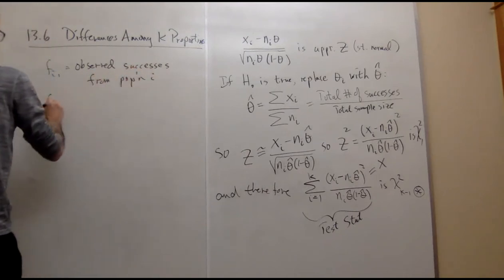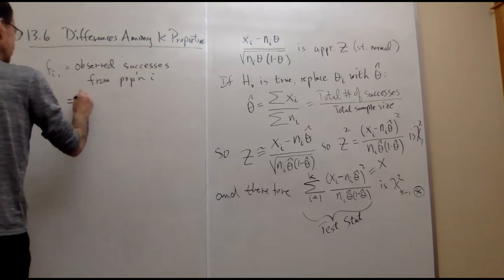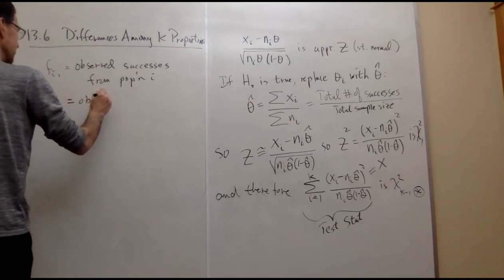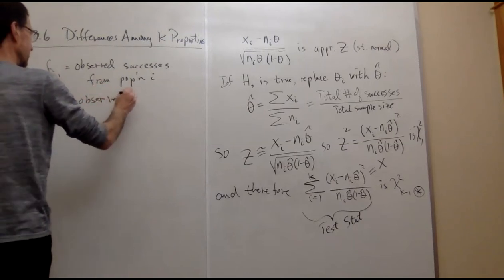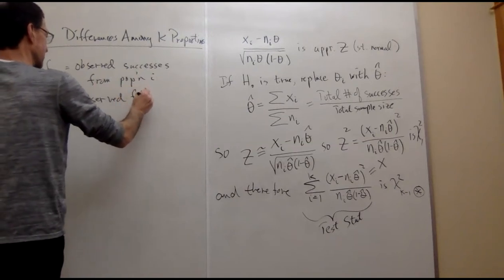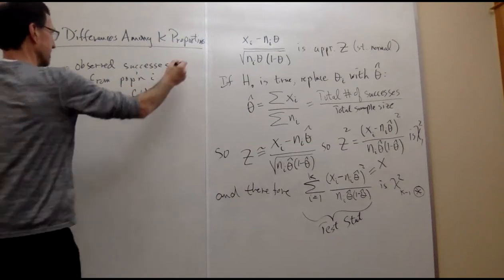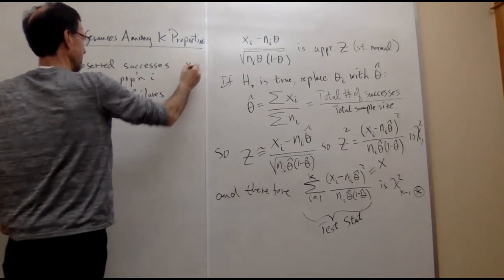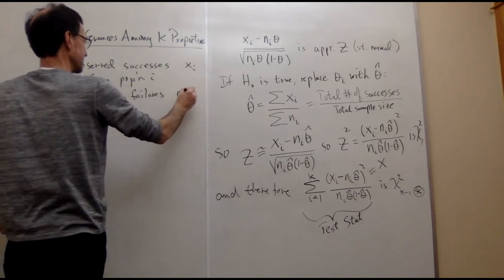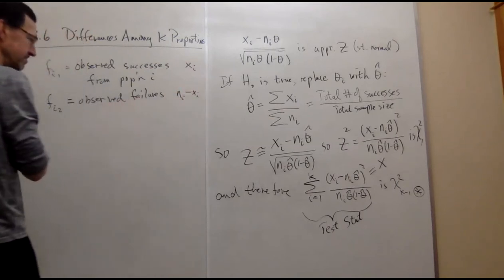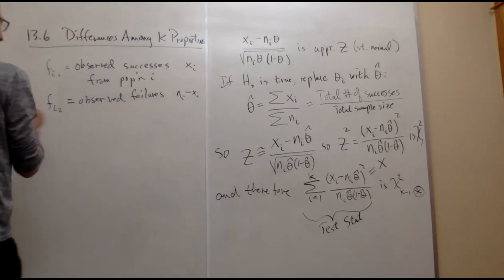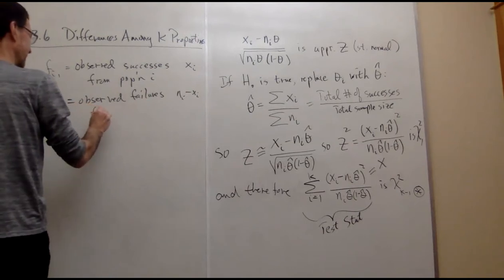And we're going to let Fi2 be the observed failures. So this is going to be our xi value, and this is going to be ni minus xi from population i.